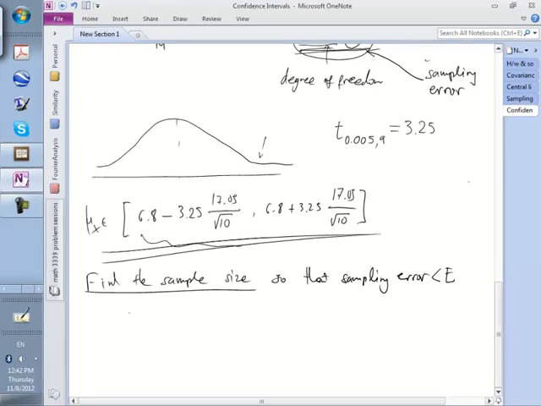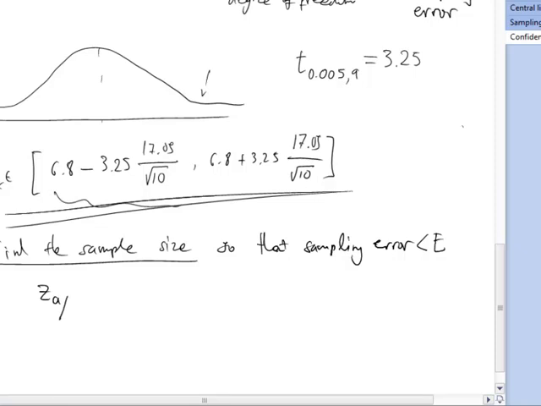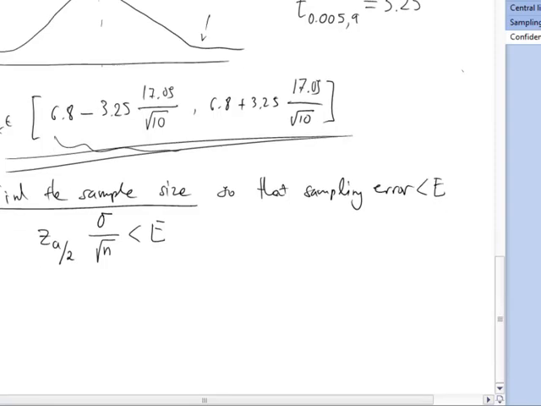So let's do it with a Z first. Suppose that I had my sample standard deviation, and I have N, and I want this to be less than E. Actually, let me go with the sigma here, because you want to find the sample size. There's no point to have sample standard deviation here.